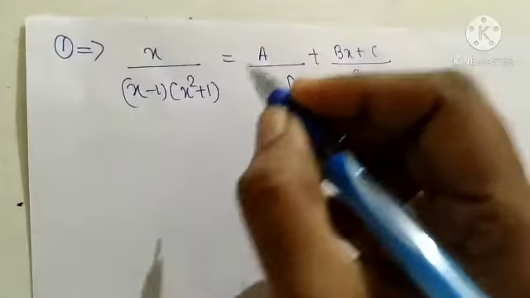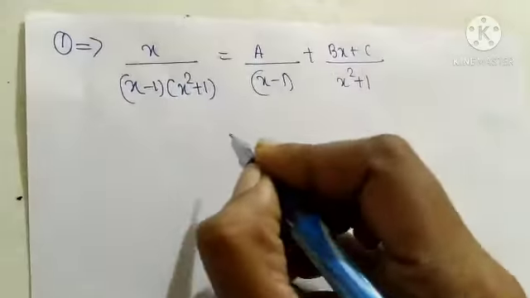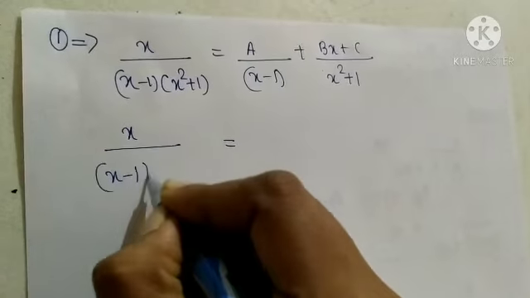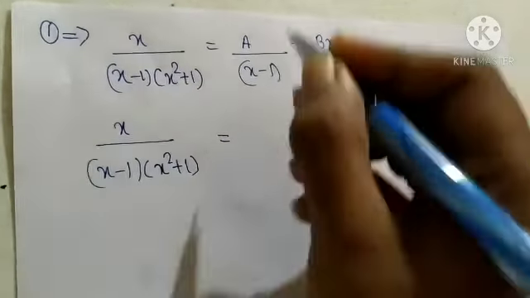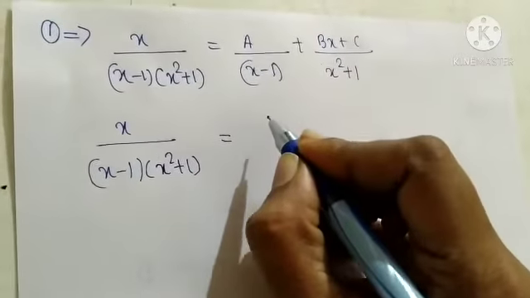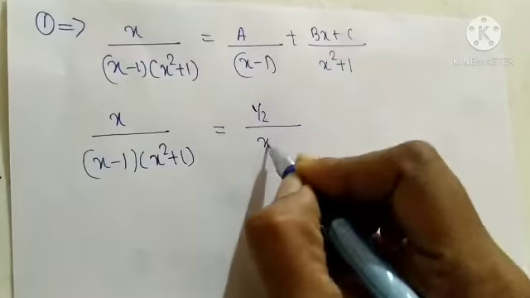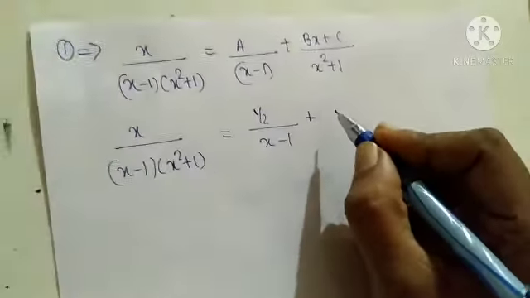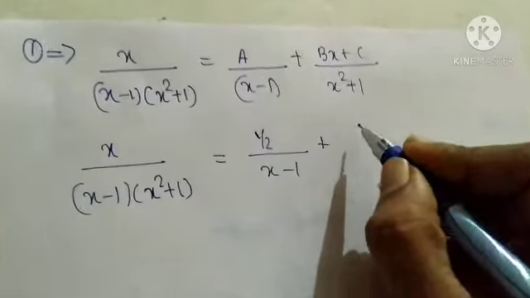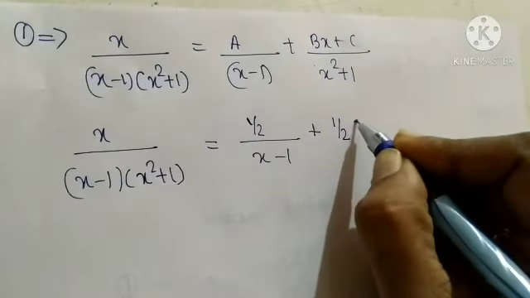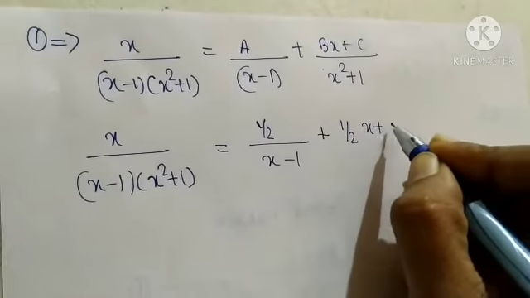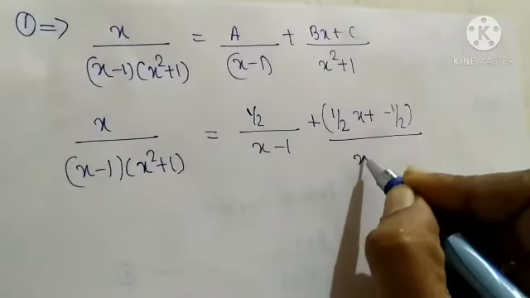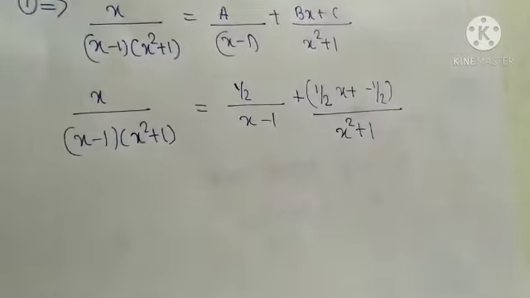So next I am going to replace this a, the value of a is 1 by 2, plus, and the value of b is again 1 by 2. Okay, so 1 by 2 x plus the value of c, which is minus 1 by 2, divided by x square plus 1.